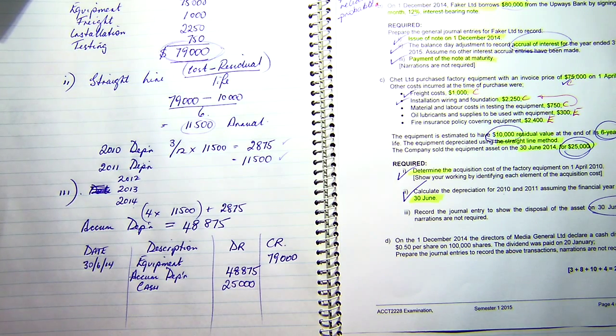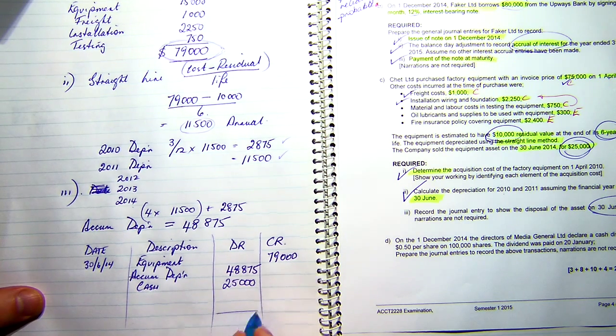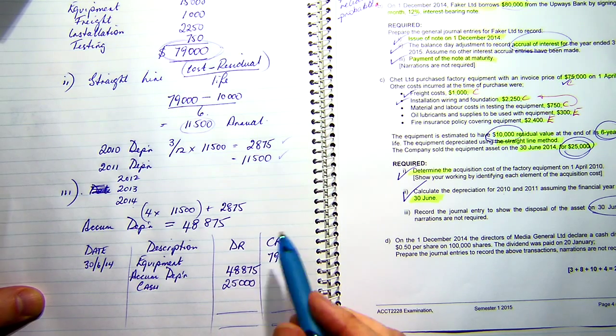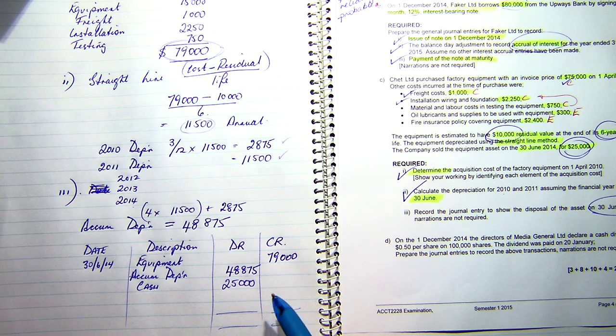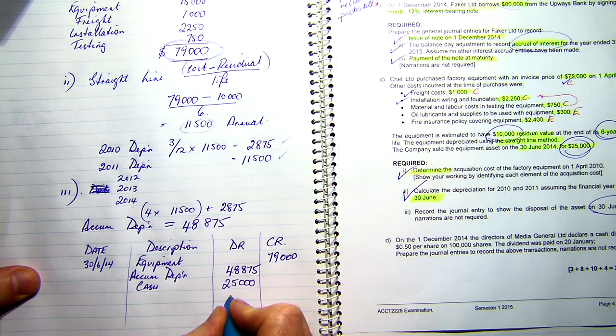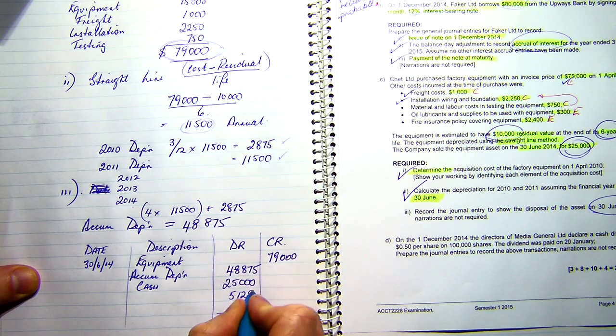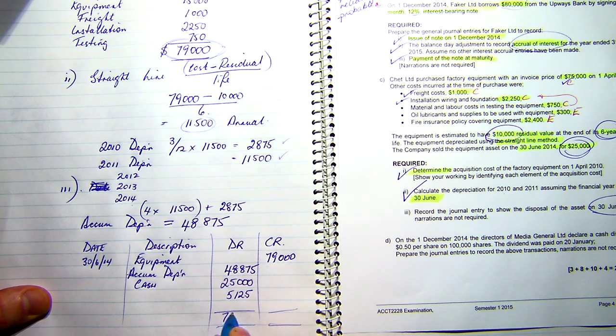And now we just need to calculate, did they make a loss or a gain on the sale of an asset? This is an easy way to do it. I just have to make sure my debits equal my credits, and the difference will be the loss or the gain. So let's have a look. I've got 73,875 on this side and 79,000 on this side. So 73 to 79 is 5,125 on this side, and then that'll all come back to 79,000.